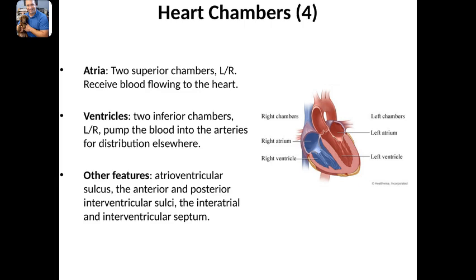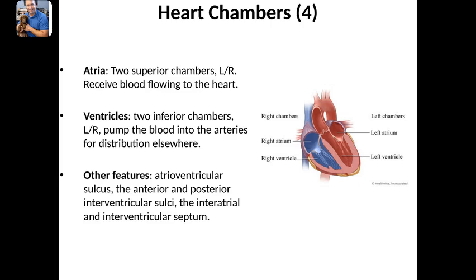Real quick, it is from venous return, coming from the vena cava, collection of deoxygenated blood from the superior and inferior parts of the body. That's all going to dump into the right atrium. Pressure is going to accumulate. It's going to go through a valve called the right atrioventricular valve, or the tricuspid valve, and then the blood is going to go south and fill up the right ventricle.